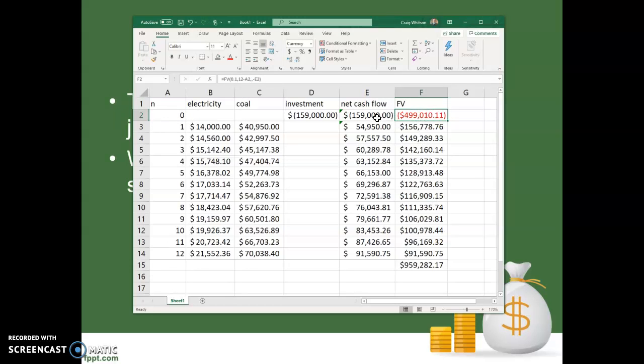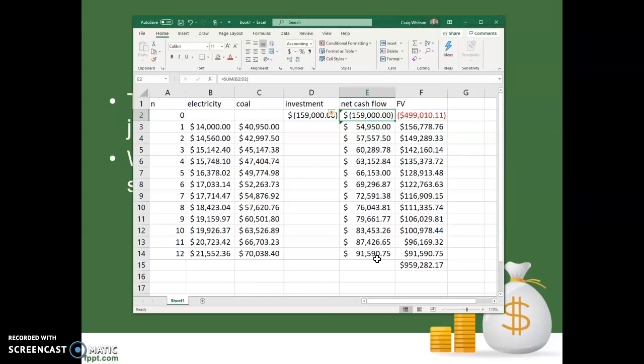So the future value of our investment is basically telling us our opportunity cost. This is how much it costs us to invest in this project, because it doesn't just cost us $159,000. It costs us $159,000 plus 12 years worth of revenue at 10% that we could have been earning if we had invested that money in some other project.